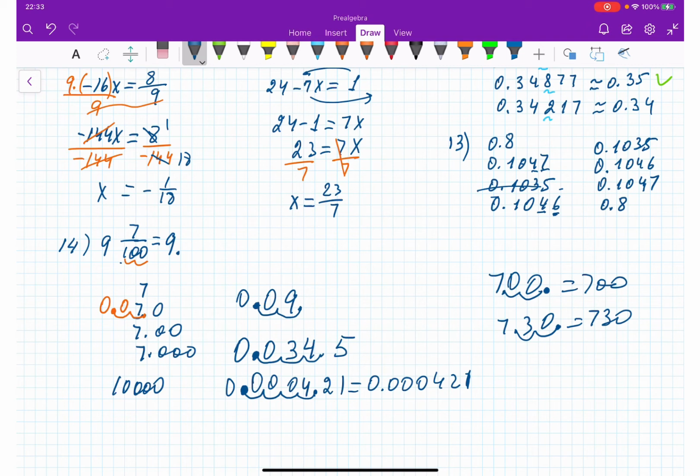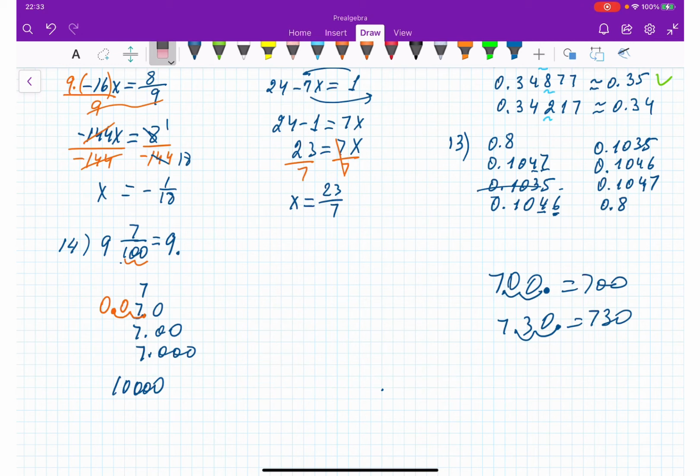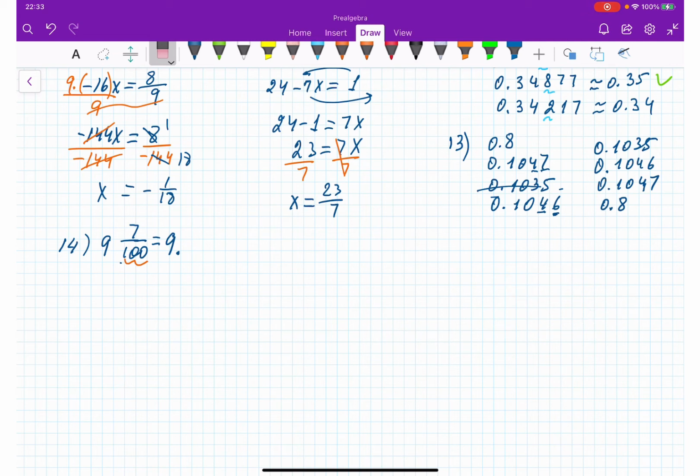So let me clean this mess up now. We need 7 divided by 100. If this is my 7, divided by 100, 1 and 2, right?